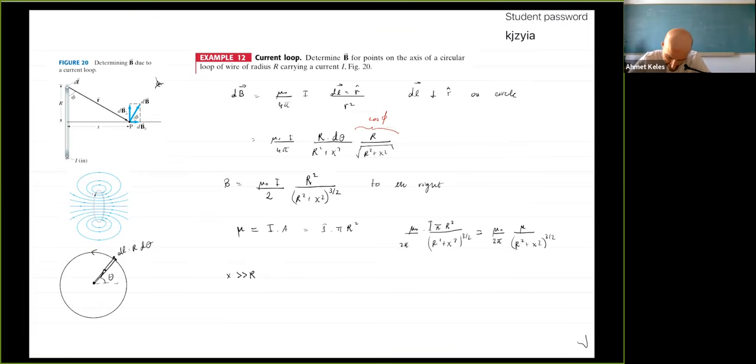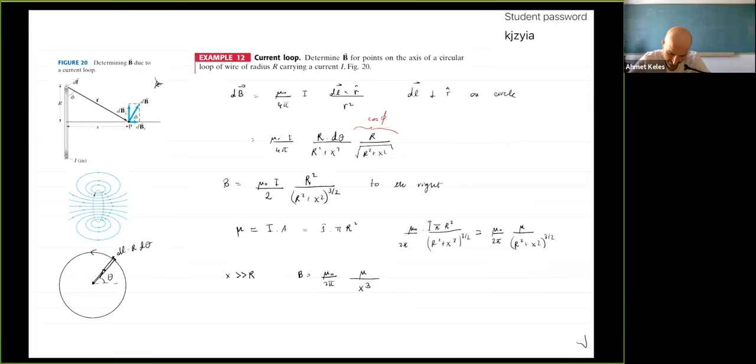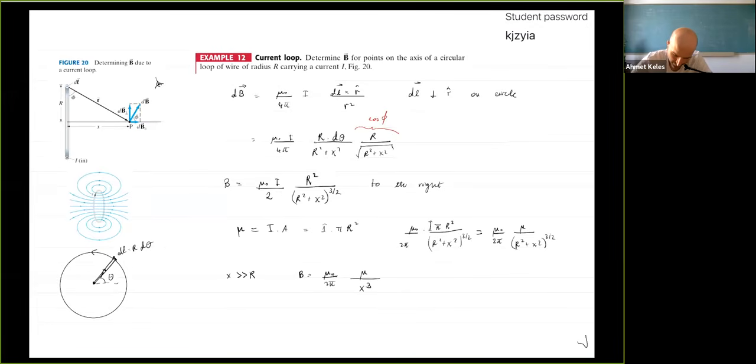Then I can neglect that R, and B is going to be equal to mu 0 over 2 pi times the magnetic dipole moment of the loop divided by X cubed, right? Magnetic dipole field.